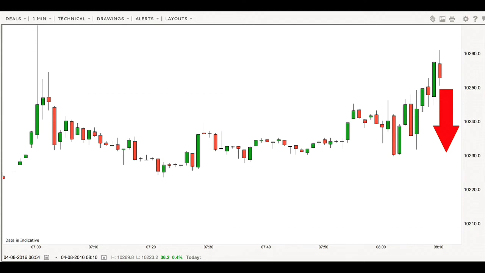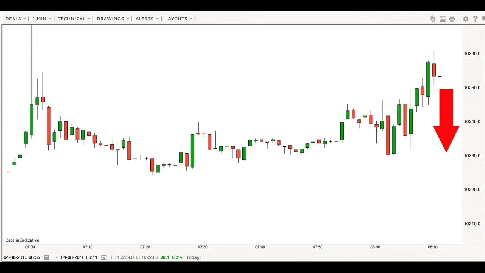So if we got a massive long bearish bar that finished, let's say, in the middle of the range, then obviously with the bar finishing in the middle of the range, there wouldn't be much scope to trade price down from the middle to the bottom of the range. Wouldn't be a lot of scope there.